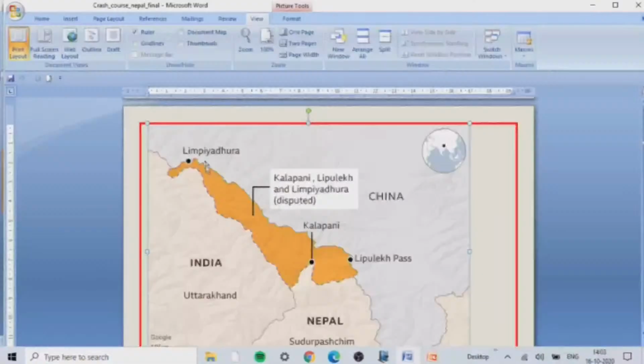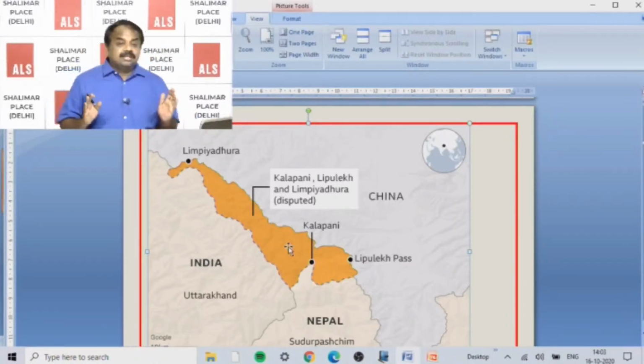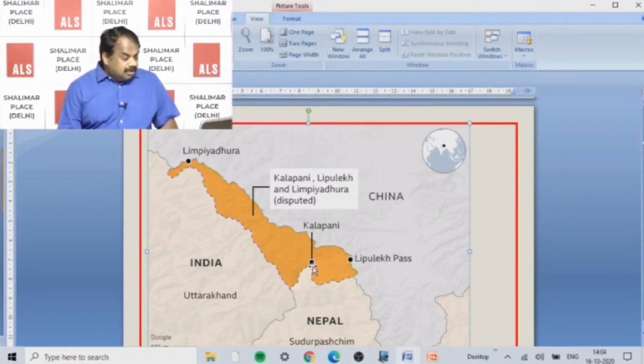So, the issue is related to that northwestern part, Kalapani, then Limbiadhura and Lipule. This area shown here is 335 square kilometers. Now, the problem is we say that Kalapani is in India.